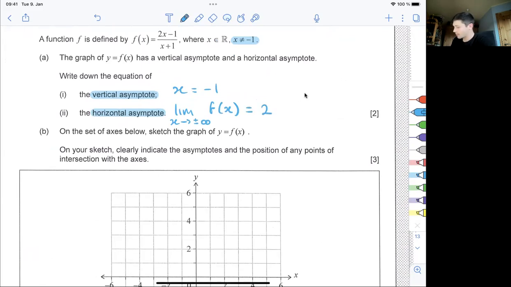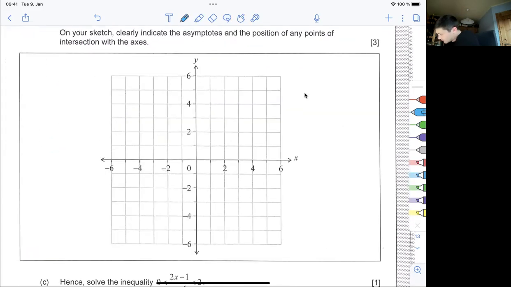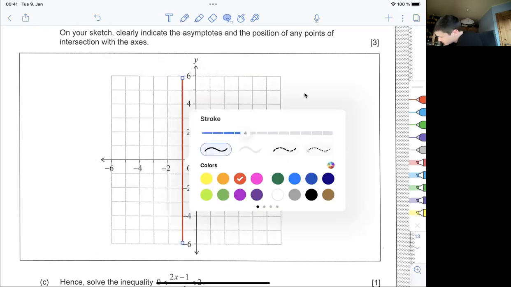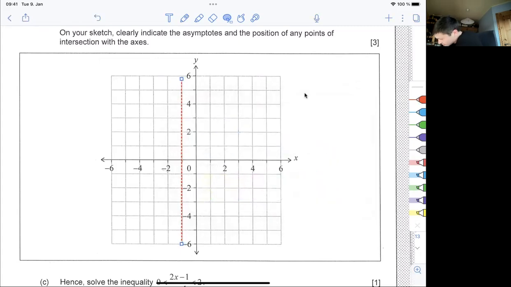So first of all, let's draw in the asymptotes we have, and we'll do that with a dotted line. That's not perfect, is it? But we'll line it up. And so that is the equation of the vertical asymptote there.